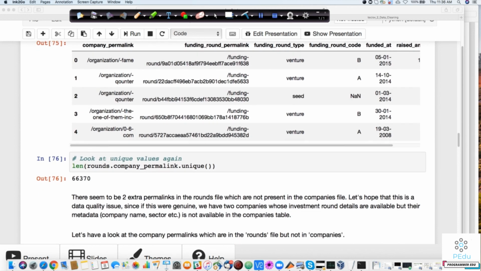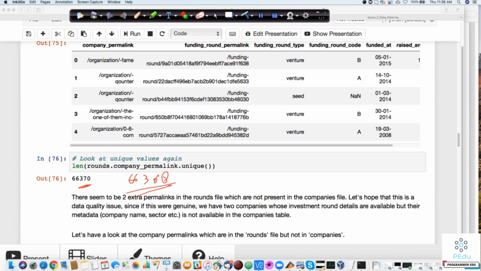And here you can see that when we see this length, we got 66,370, but there is still a small problem. We were expecting 66,368, right? That was in companies. But here are two extra. Now, you may say that maybe this is occurring because there are extra companies for which we don't have any metadata in companies.